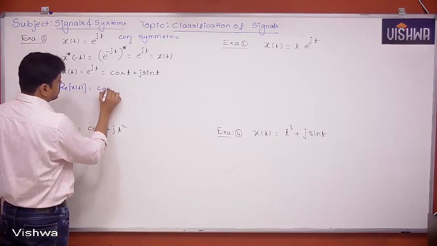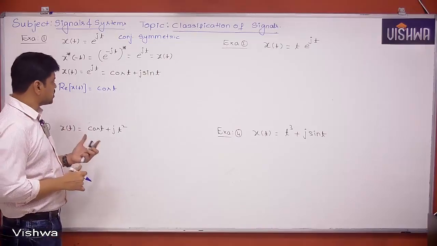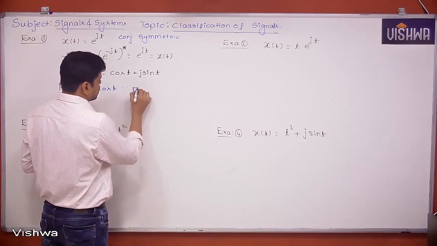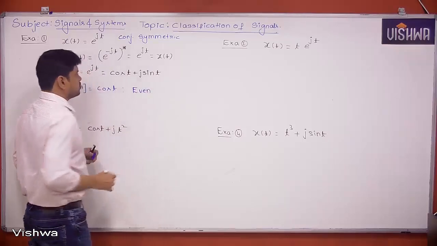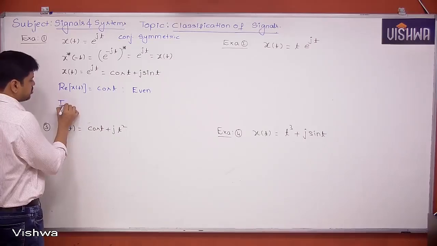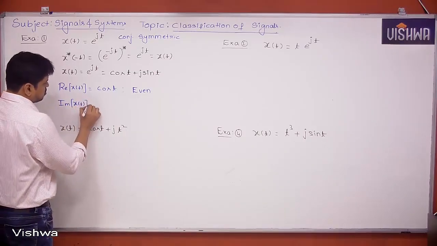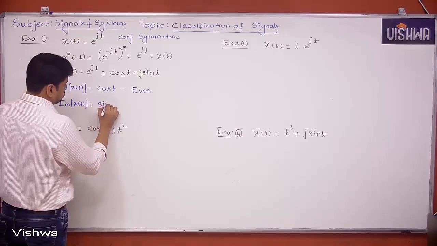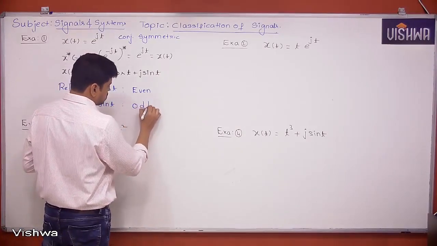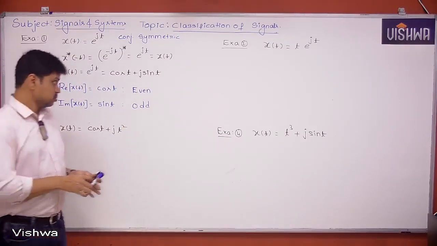Individually, which is cos t. Is it an even function or odd function? It is an even function. Next, what is the imaginary part of x of t? Which is sin t. Individually, sin t is an odd function.